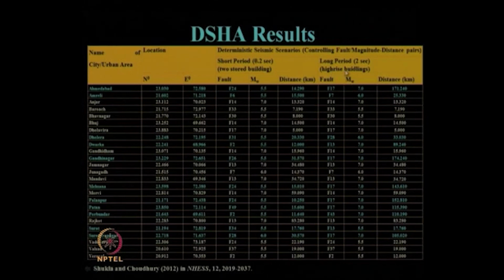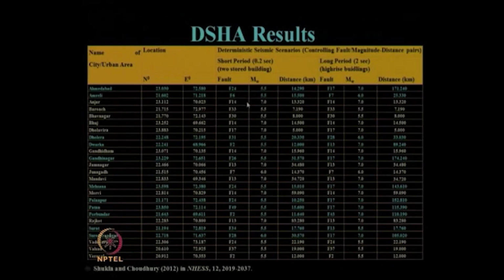So, this comes under the high rise building category. Now, if you look at these different cities, which fault and which magnitude and distance is dominating or coming as an output result of DSHA? Because DSHA, how do we express? We express in terms of magnitude and distance combination, right.